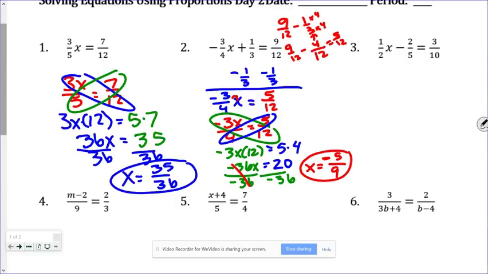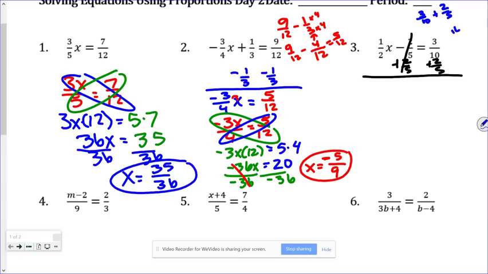I need to move this 2/5 over by adding 2/5. So I'm going to add to both sides. So these cancel. Now I have to get a common denominator again if you don't have your calculator. So I have 3/10 plus 2/5.